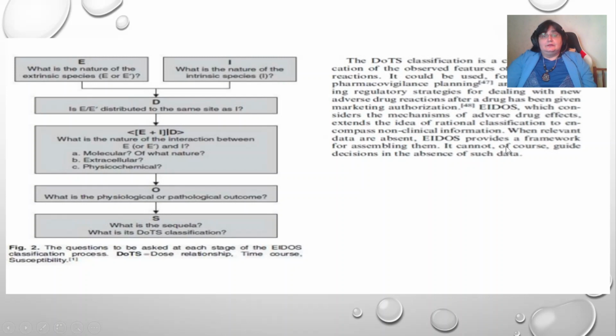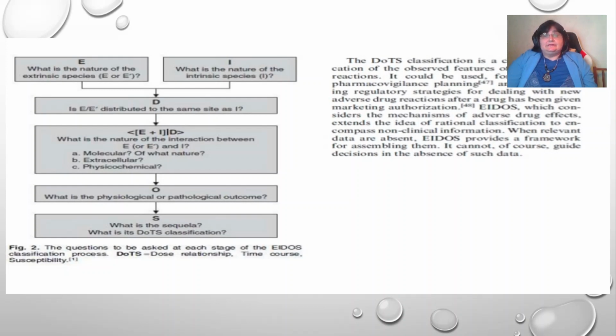Now, the questions to be asked at each stage of the EIDOS classification process, and their relationship, time course, and susceptibility. For example, when asking about the nature of the extrinsic species, you should ask what is the nature of the extrinsic species, and what is the nature of the intrinsic species.